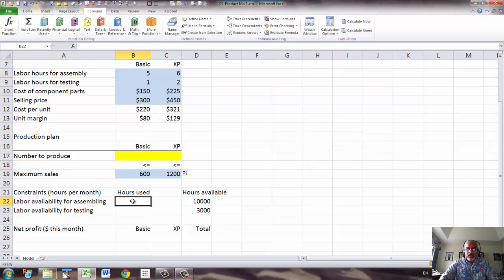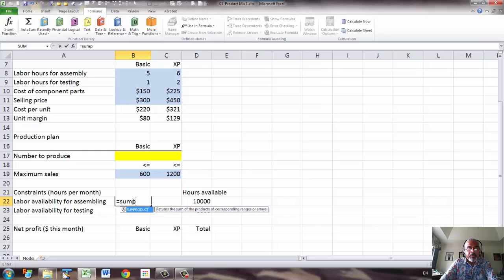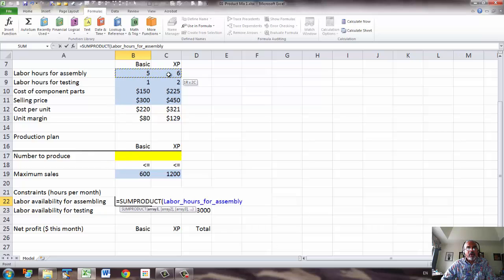Okay. So now we use SUMPRODUCT, remember the SUMPRODUCT that we did in chapter 2. These are the hours needed for assembly per unit, and these are the number of units that we're going to be producing.